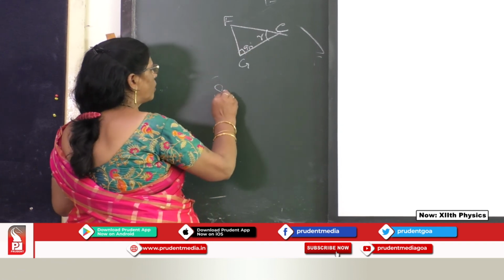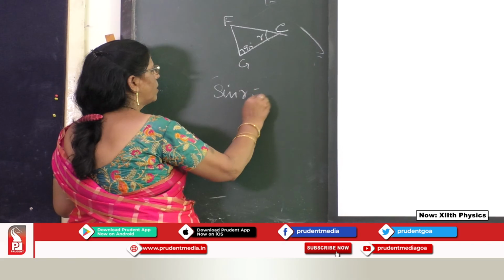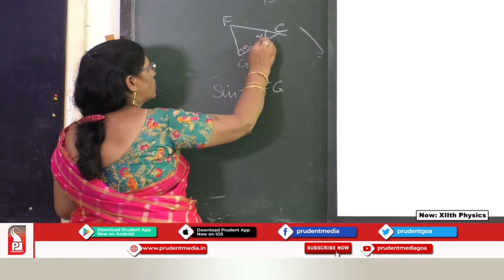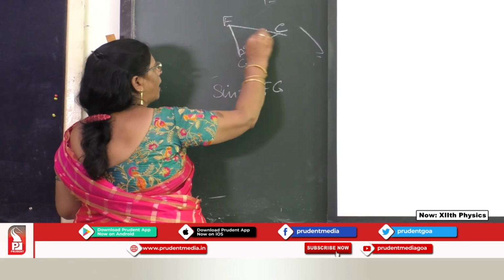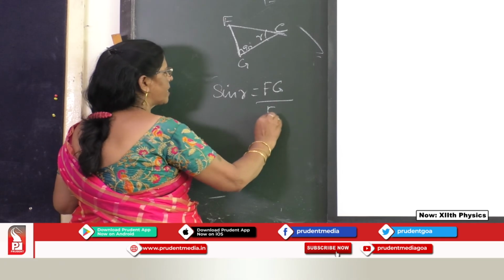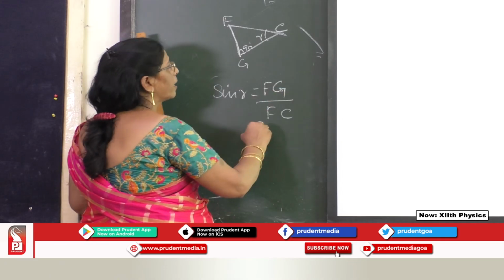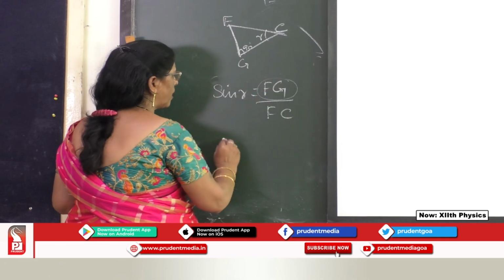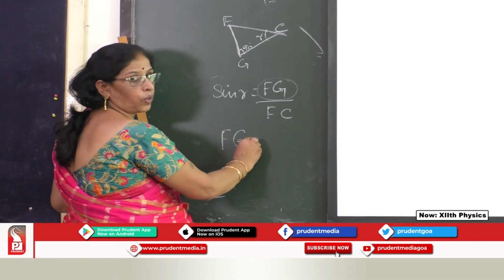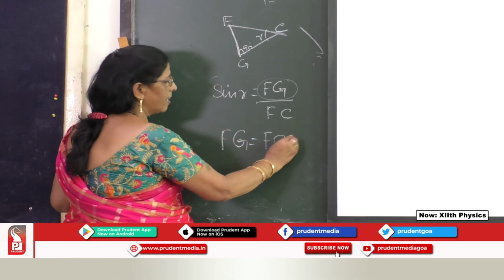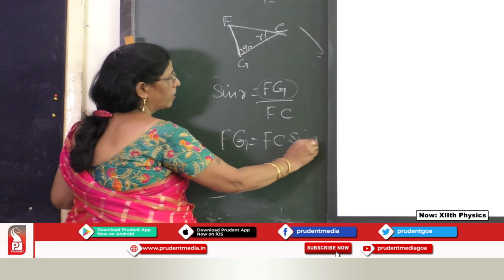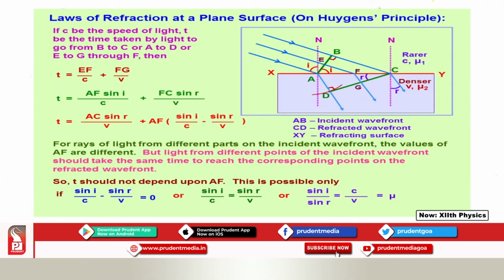Sine R is equal to FG, the opposite side, upon the hypotenuse, which is FC. So FG is equal to FC sine R. This is what I have written over here. So EF is AF sine I, and FG is FC sine R.